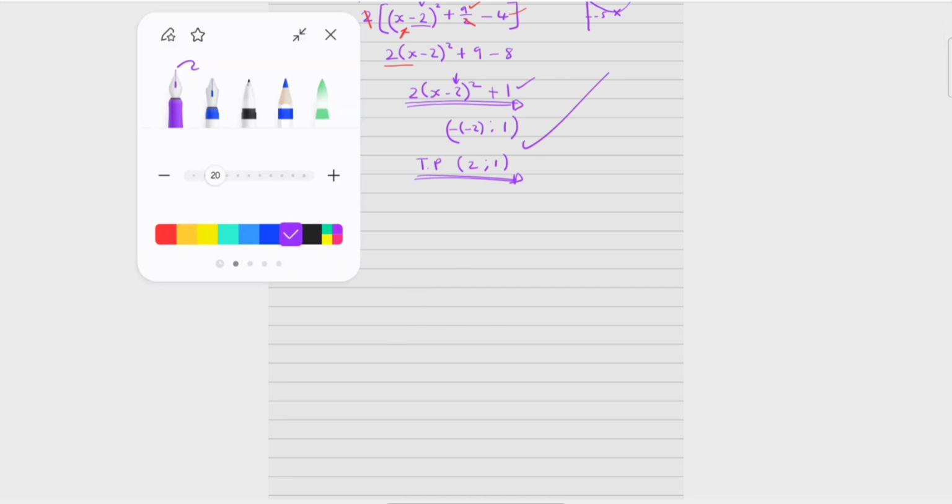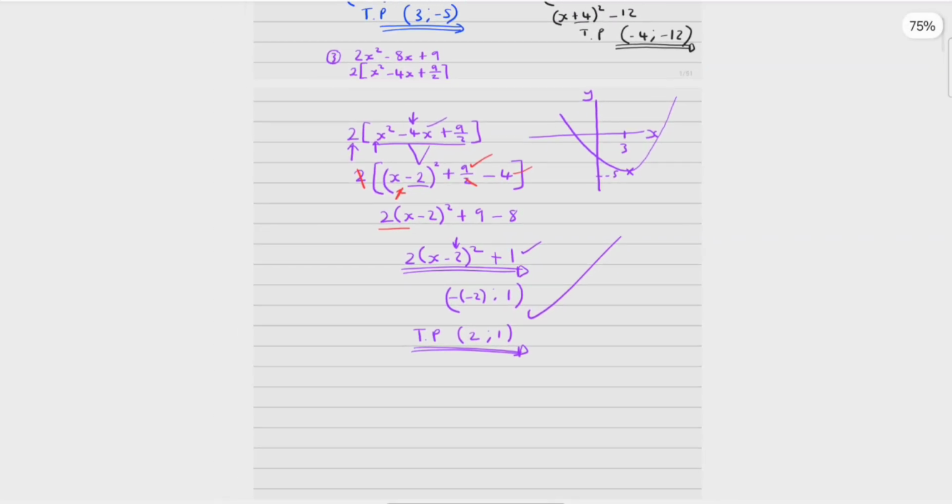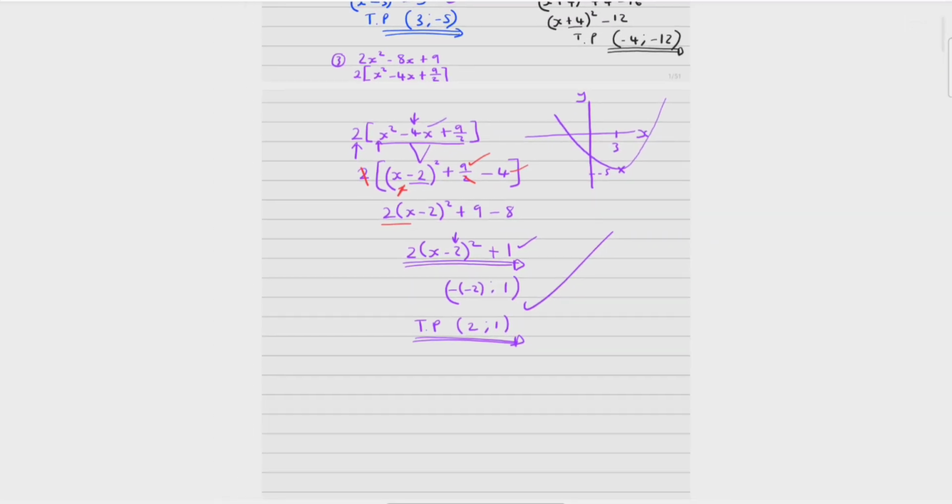So let's say you have this last example as the quadratic expression in your equation. Then they say find the equation of the line of symmetry, right? You first complete the square, then you get your expression to be this, then you go on and get the turning point, which in this case is 2 and 1, like that.